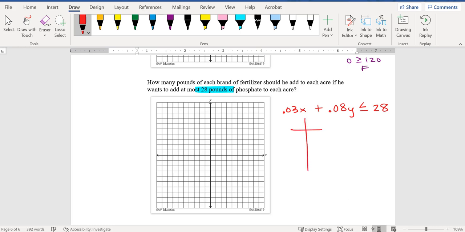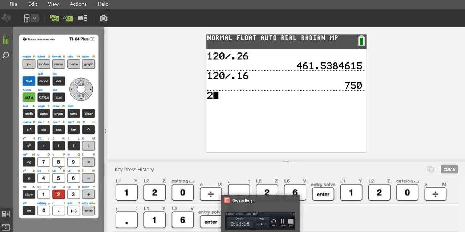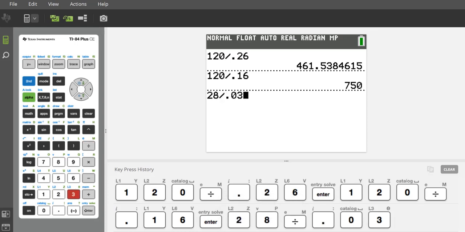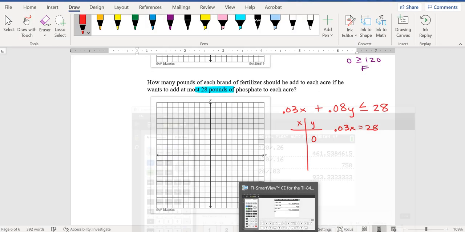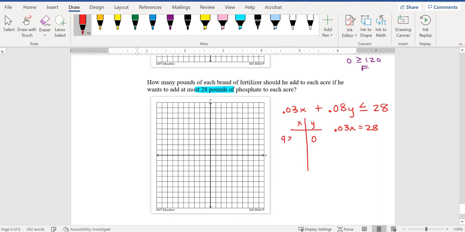If I do the intercept method and let y be 0, 0.03x equals 28. I get 933 1/3. If I let x be 0, I get 0.08y equals 28.